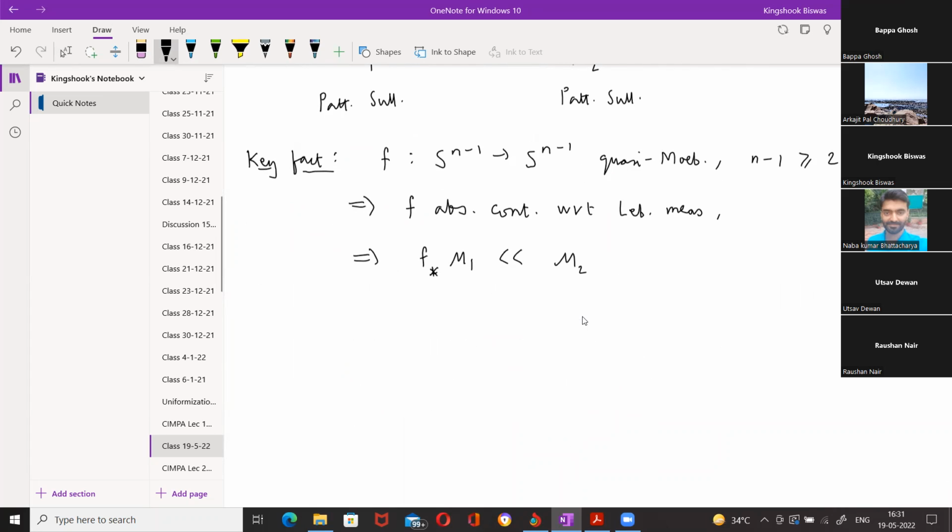And so now I do the following. I look at the space del 2 Hn, which is boundary Hn cross boundary Hn minus the diagonal. And on this, I define a measure.